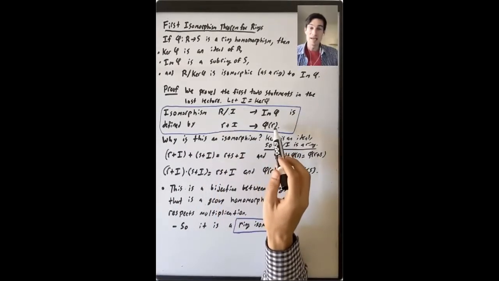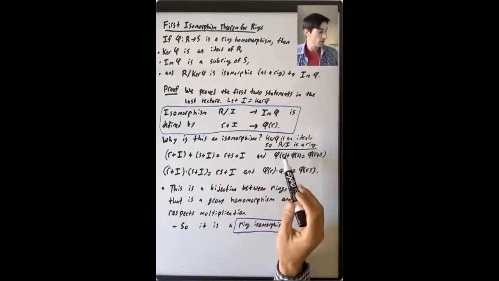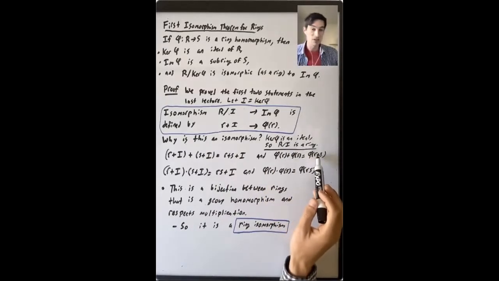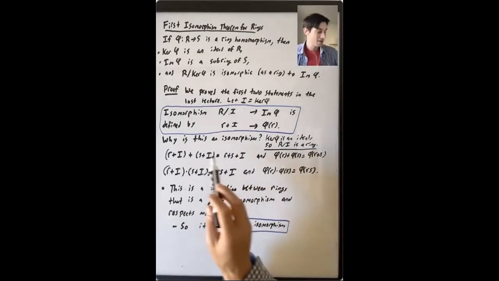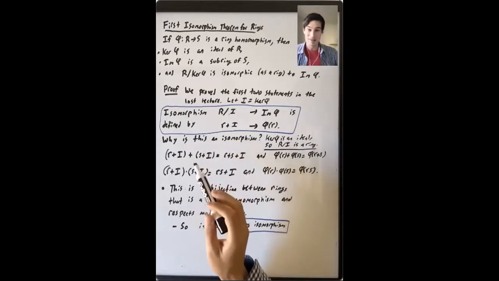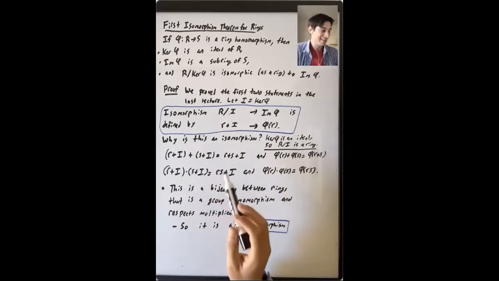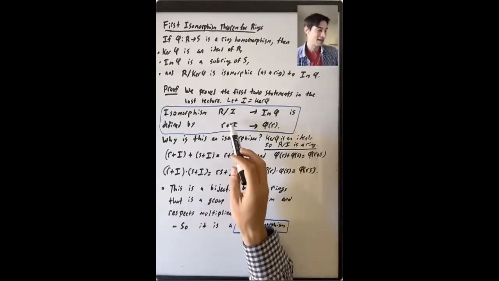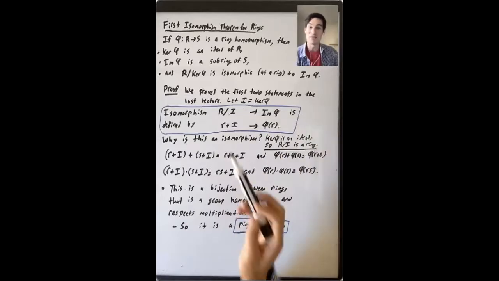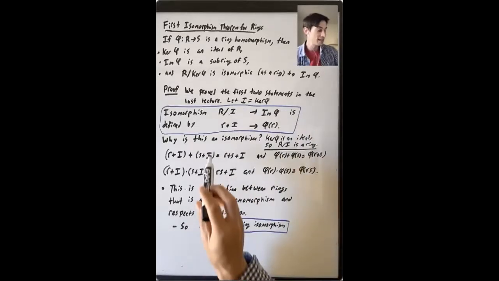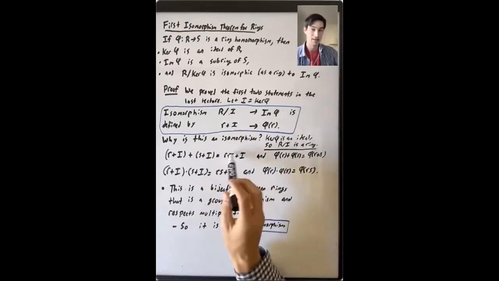Because phi is a group homomorphism, we know that phi of r plus phi of s equals phi of r plus s. And you'll see that the thing you need to check, that this map behaves well with respect to addition, is exactly given by these two statements.